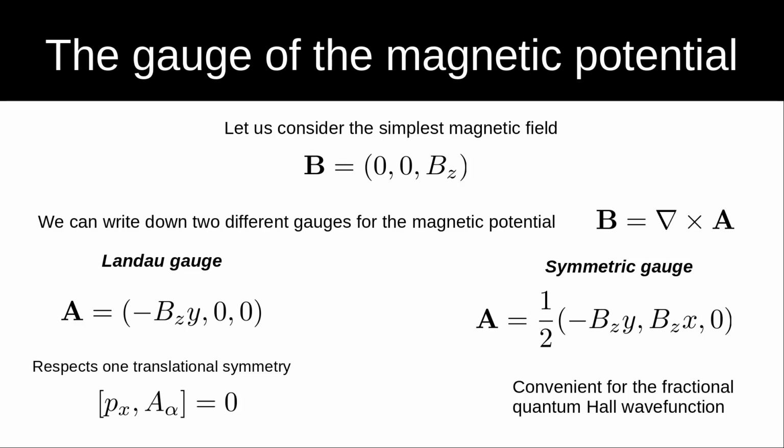So it conserves the rotational symmetry of the Hamiltonian. And this gauge is going to be the most useful gauge to write down the many-body wave function of the quantum Hall state, the many-body wave function of the Landau levels, and in particular to understand the emergence of fractional excitations in the quantum Hall state.